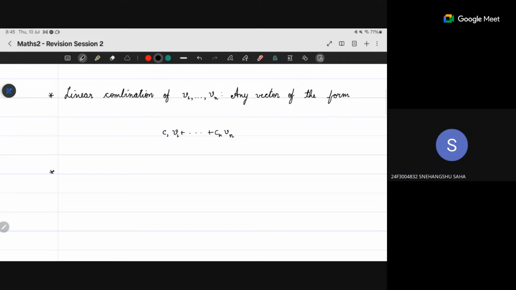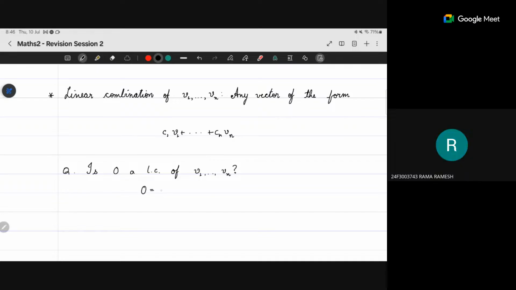So one question is: is the zero vector a linear combination of some finite set v1, v2, up to vn? Is zero a linear combination of these? Yes, sir. To check that, what do we have to do?